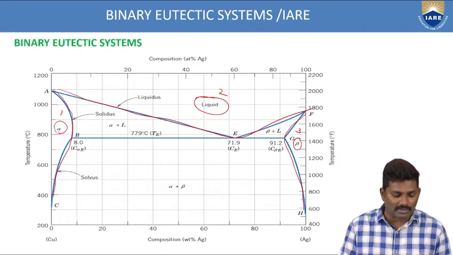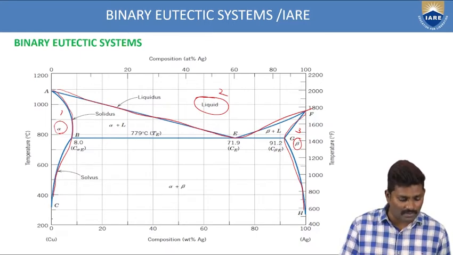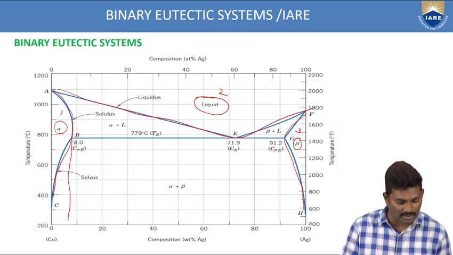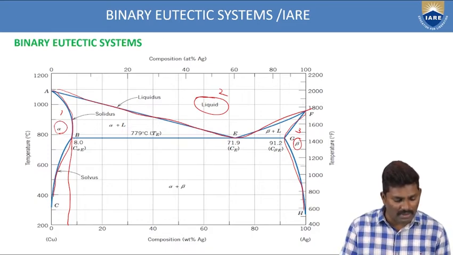Now here alpha refers to the solid solution. It starts at this point. To find the composition, you have to draw a perpendicular line on the x-axis in order to find out the composition of the silver as well as the copper. So at this point you have 8%.